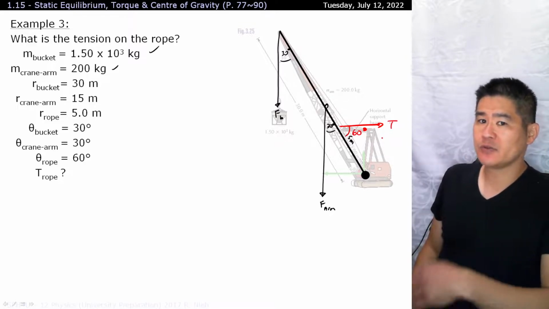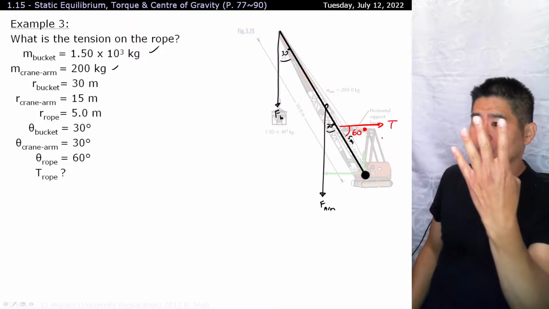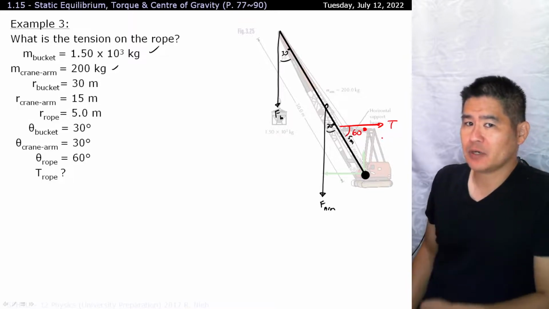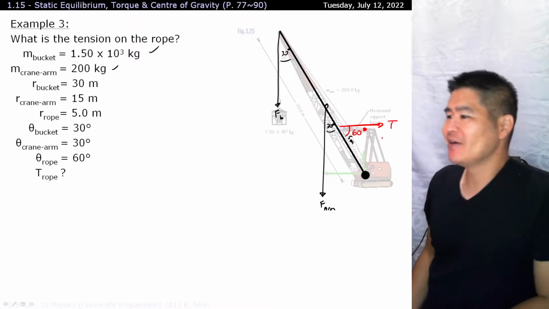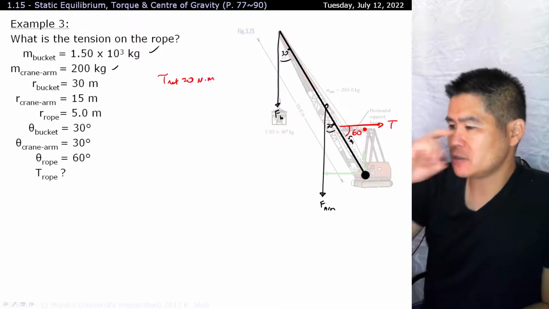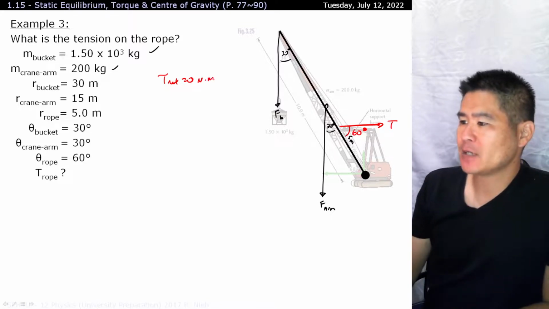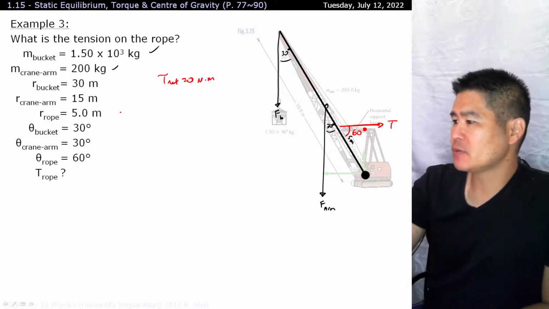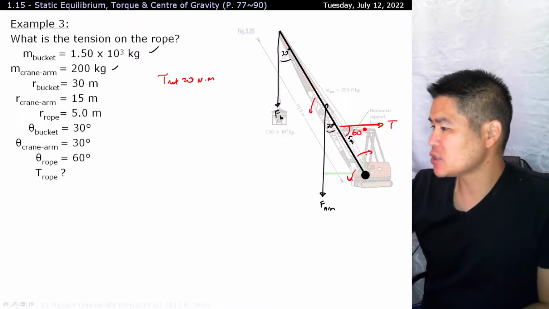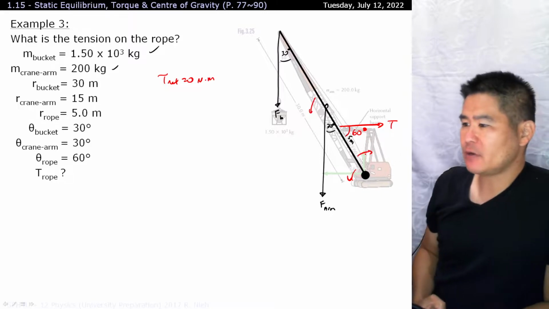Okay, and I'll resume this video in 5 more seconds. Ready to unpause? Hope you already did. Okay, so let's get started. We know that our net torque has to equal 0 newton-meters. So whatever torque we have to the left over here must be equal to the torque on the other side of the fulcrum.